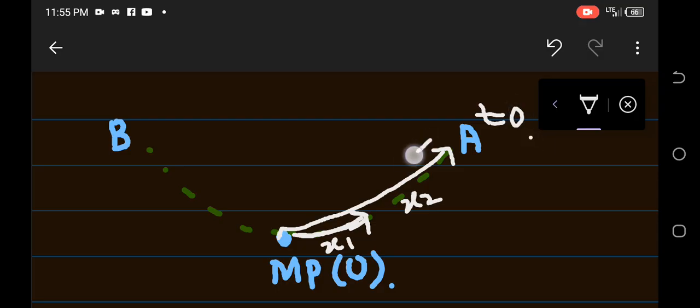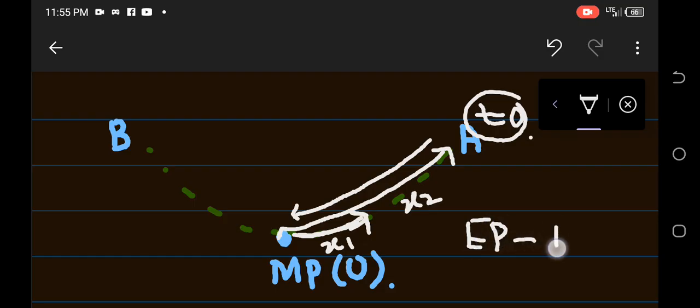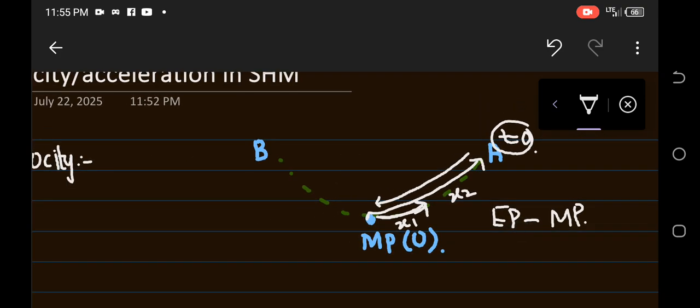If something starts from here, the direction of velocity will always be along the motion. Our motion was from extreme position to mean position, so the direction of velocity will also be from extreme position to mean position.